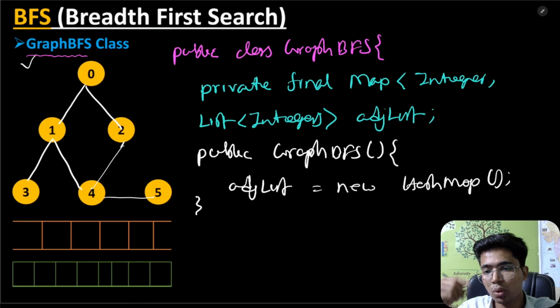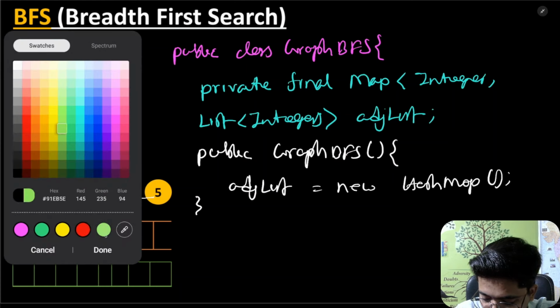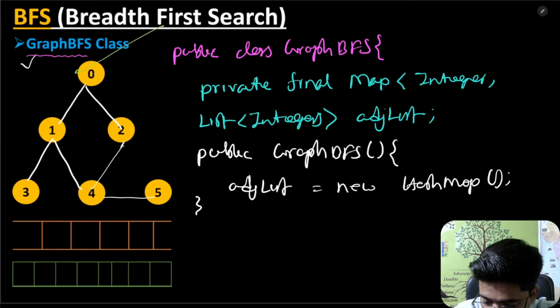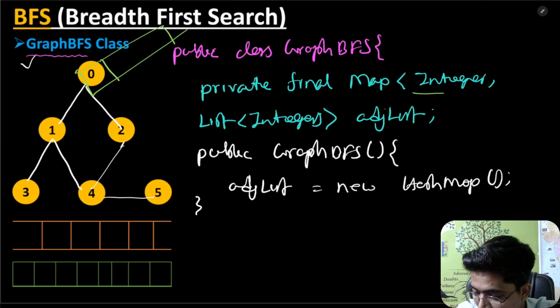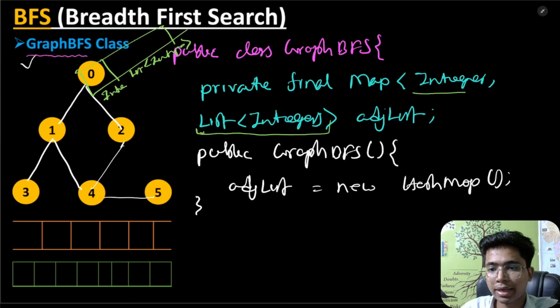If you try to notice what is actually the architecture behind this program, you will note it like this. This 0 is represented like this internally. That is the integer part, and the next is the list of integers part.